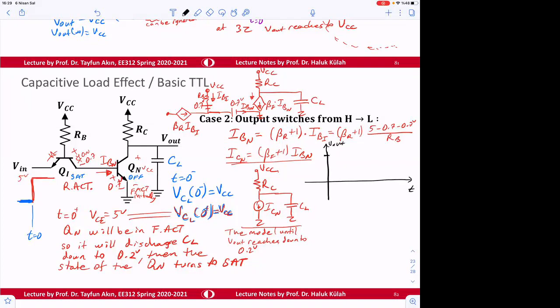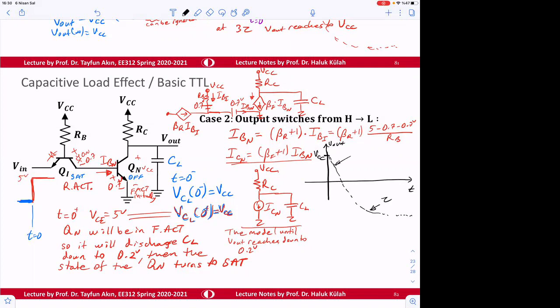So V out starts from VCC, and the trend of this one is like this, and the time constant here is going to be tau.